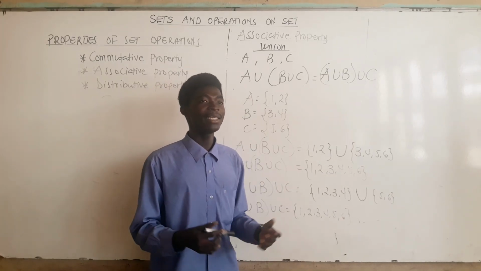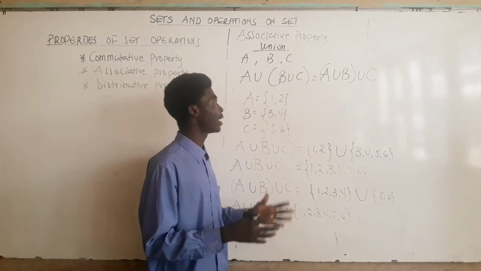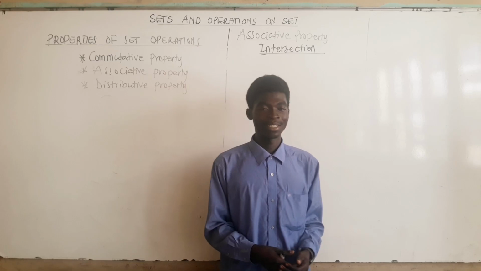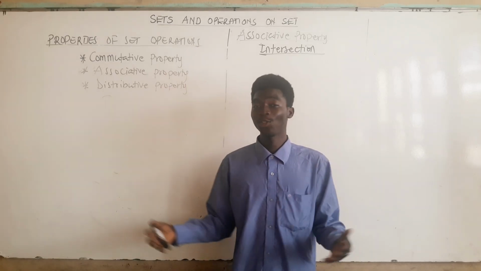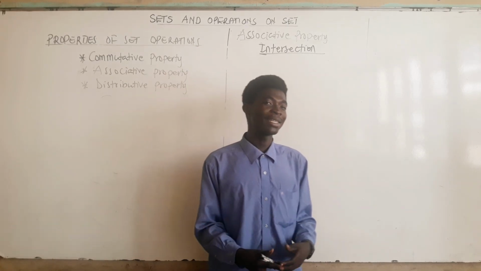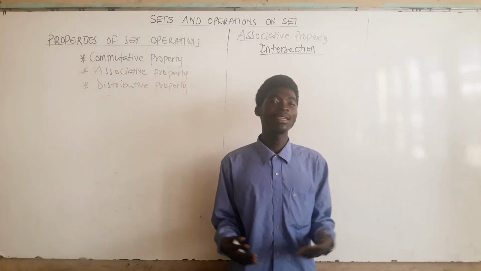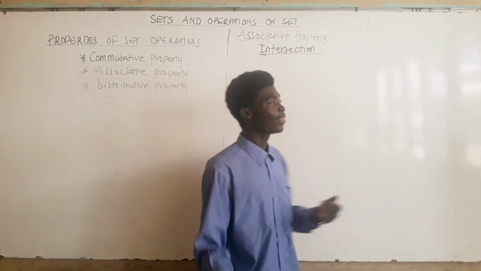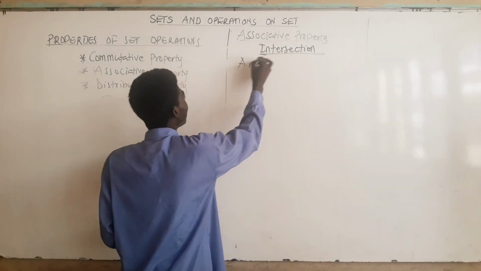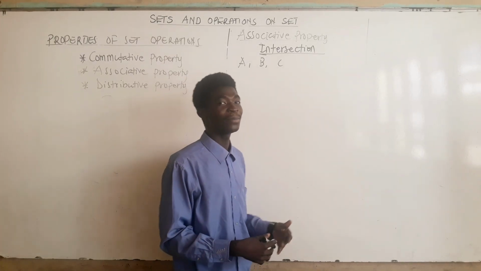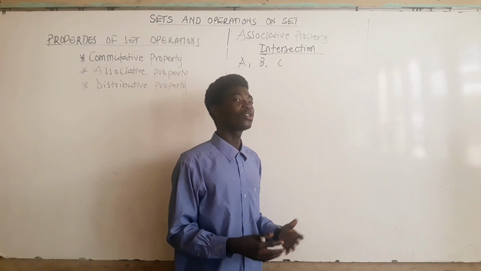So now let's check the other side. Now let's use the intersection. As I explained earlier for the union, the same applies to the intersection. The intersection is saying that, let's say we have 3 different sets, A, B, and C. No matter how you interchange them, your result is going to be the same.